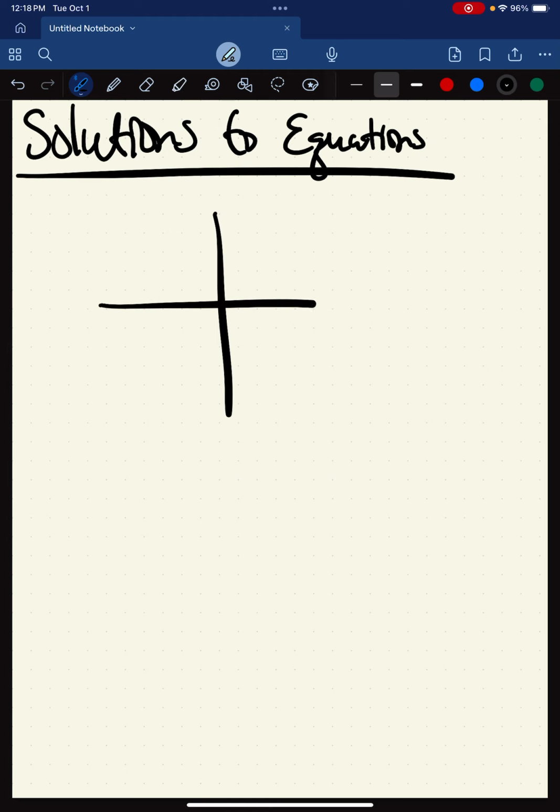Now let's talk about solutions to equations, in particular, linear equations. The word linear should remind you of a line. And so a line in two-dimensional space, let's say you have two lines, and I'm going to need a few different charts here.